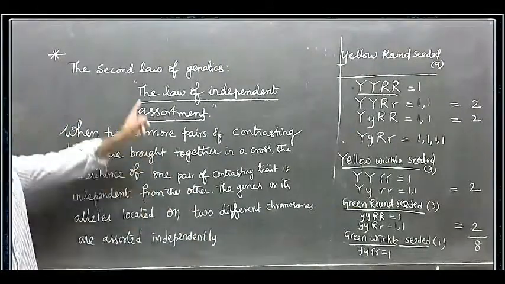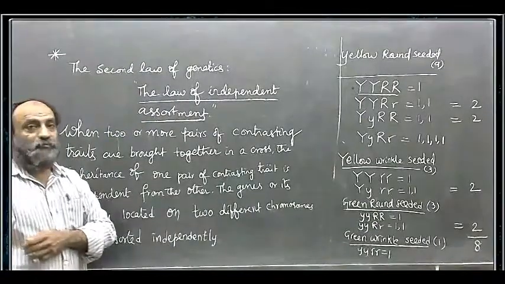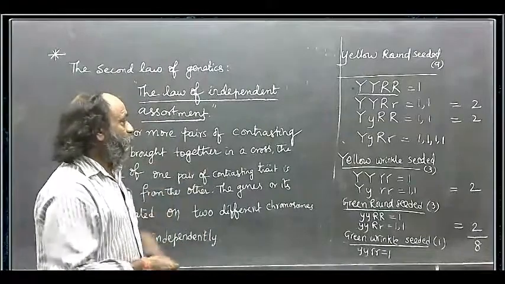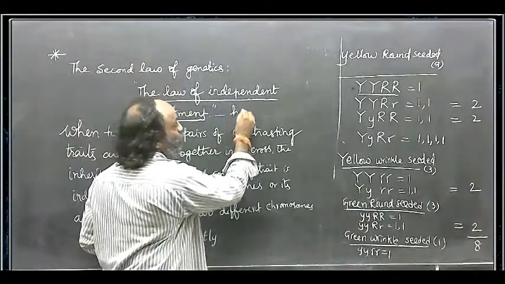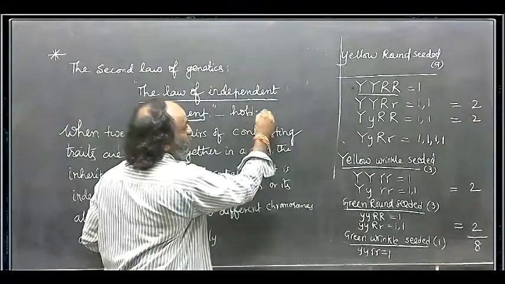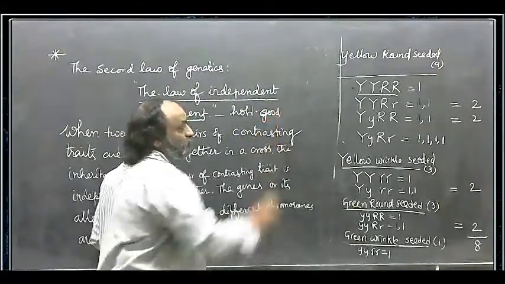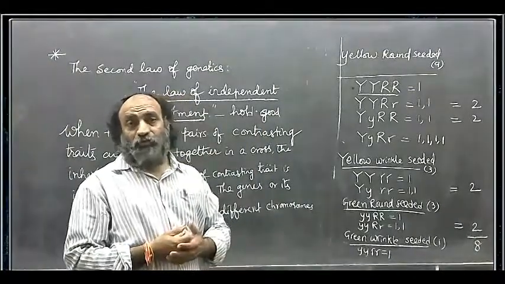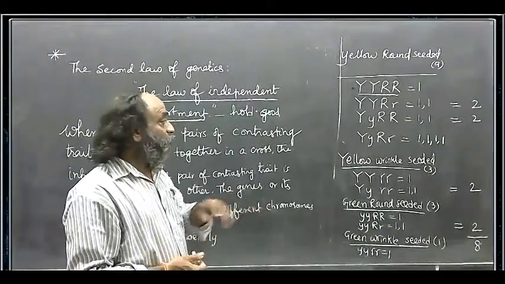This is the law of independent assortment. And this law of independent assortment holds good when the genes are located on non-homologous chromosomes.